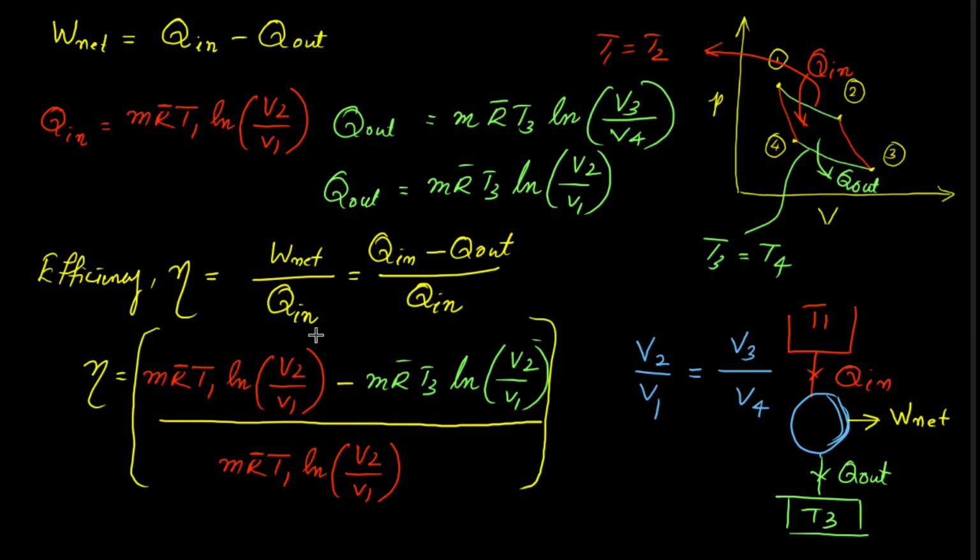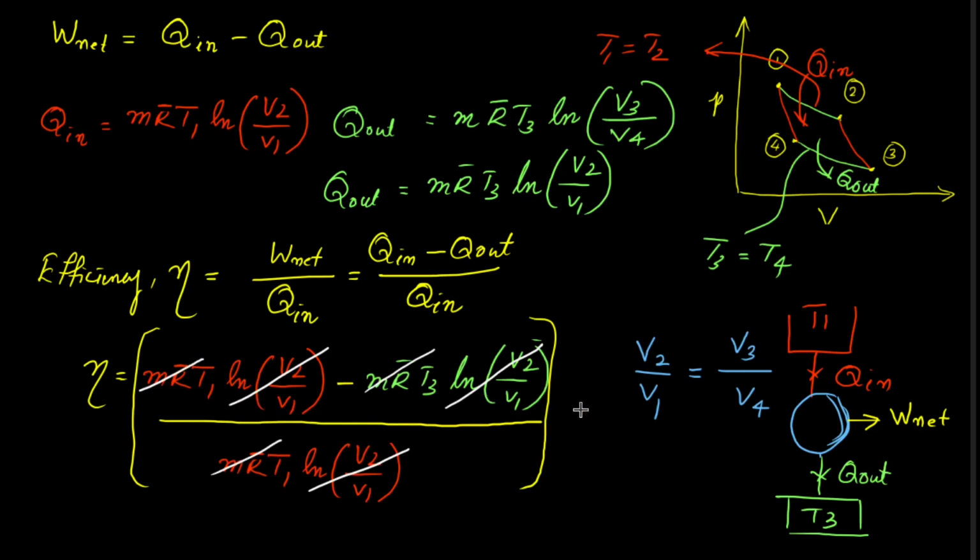So we can calculate this here. This log V2 by V1 is common everywhere, so we can cancel it. Similarly, this m r bar also is common to all terms, so we can divide all the terms by m r bar.